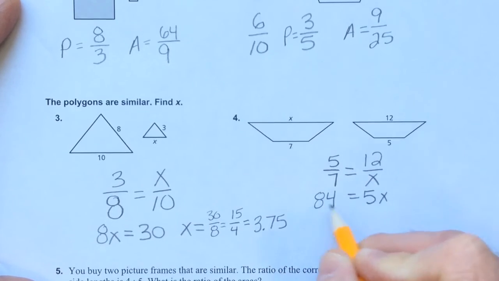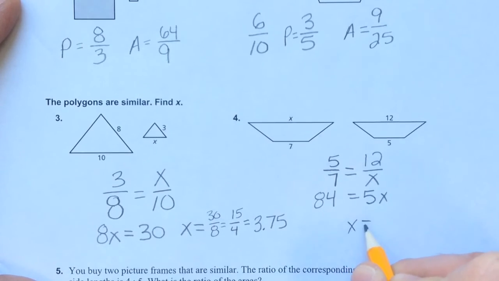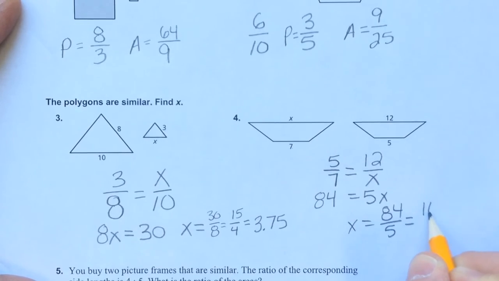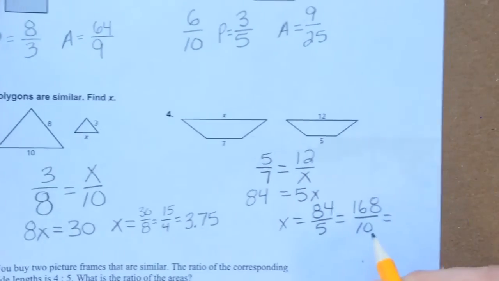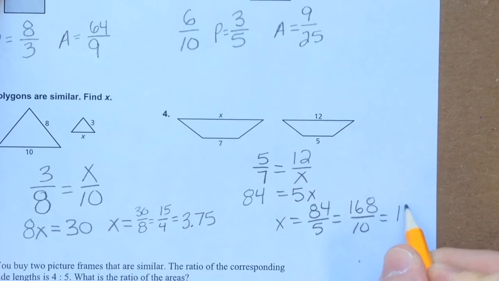Divide both sides by 5, and I would get x equals 84 over 5, which is the same as 168 over 10, which is the same as 16.8. Just dividing by 10, so just moving the decimal one spot.